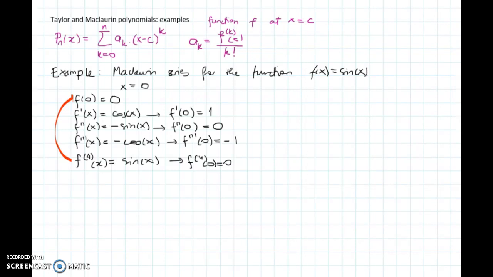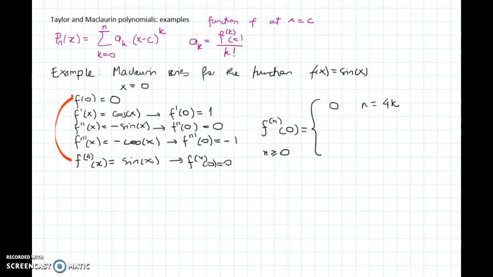And we can write this in the following way. We can write the derivative of the function at 0, for n greater or equal than 0, where if n is 0 we mean the function itself. It is going to be 0 when n is a multiple of 4.